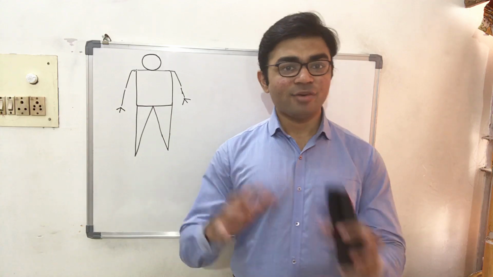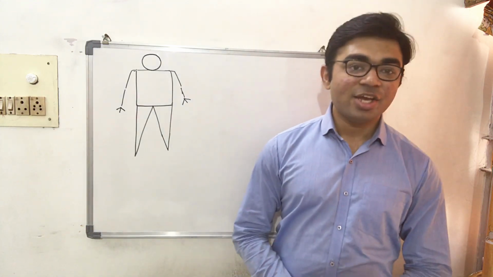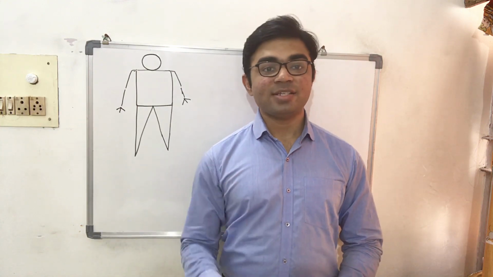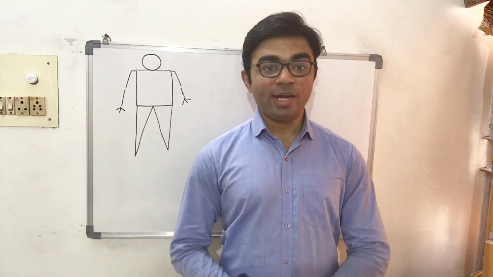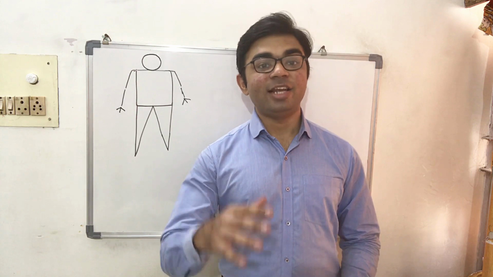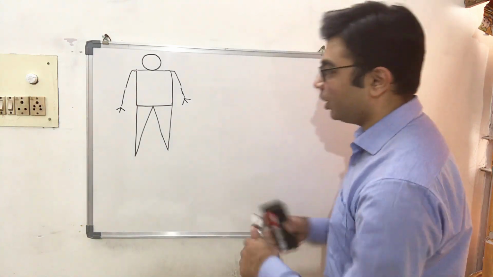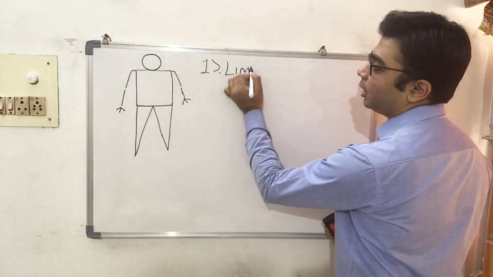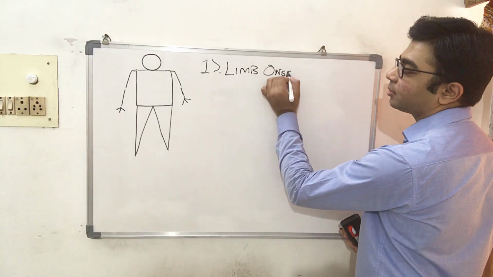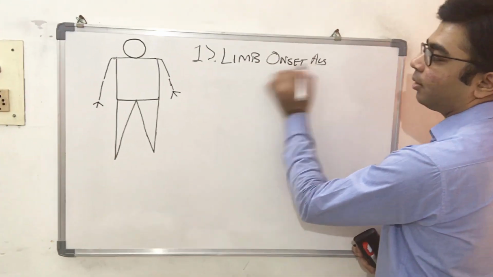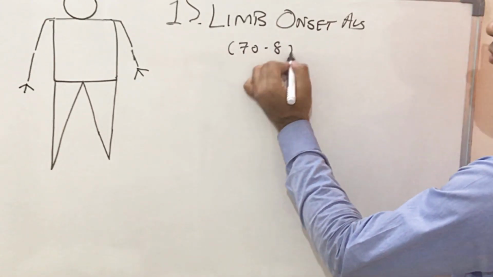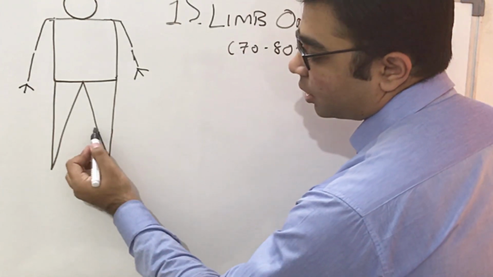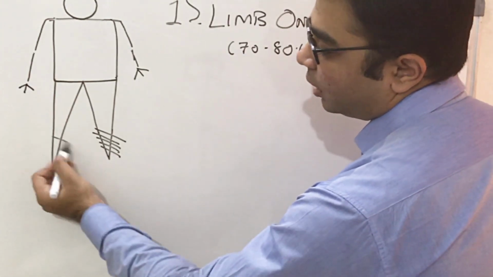Now let us focus on the beginning of the disease. In the beginning of the disease, there are two main types. First, which is developed by 70 to 80% of patients, is limb onset ALS. Let me write it over here: the first one is limb onset ALS, developed by 70 to 80% of patients, in which patients start showing symptoms in the limbs first.